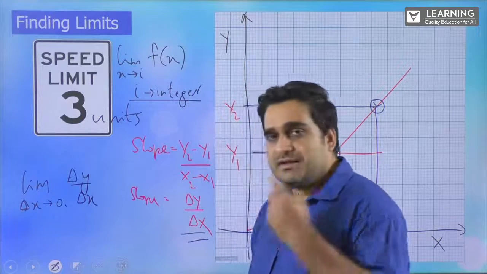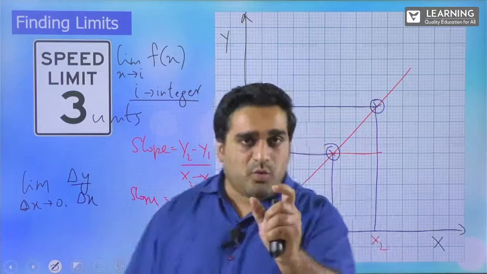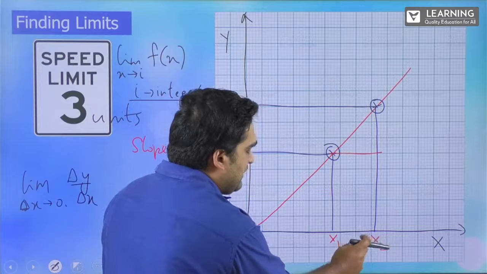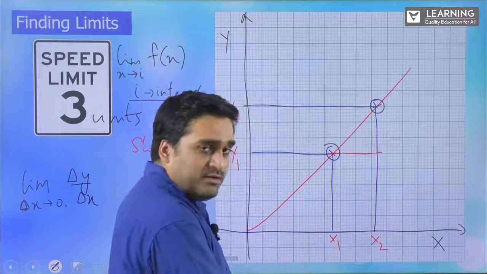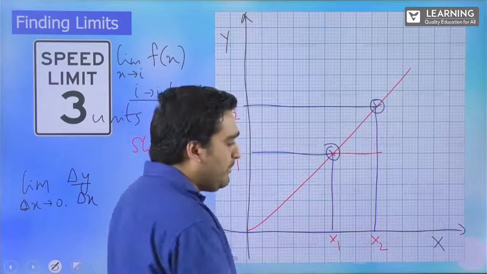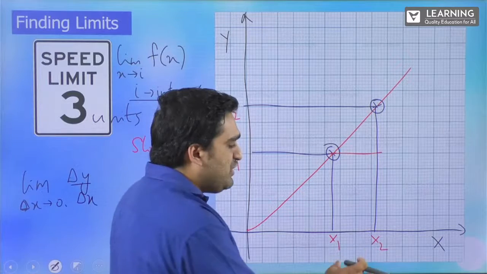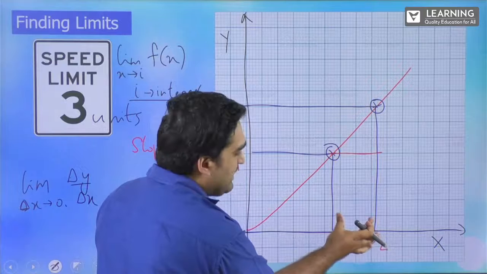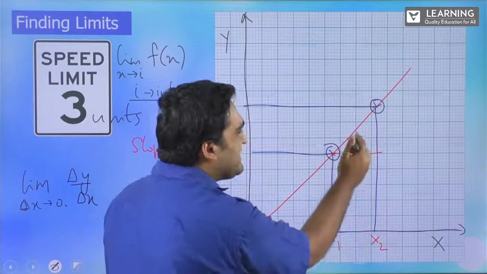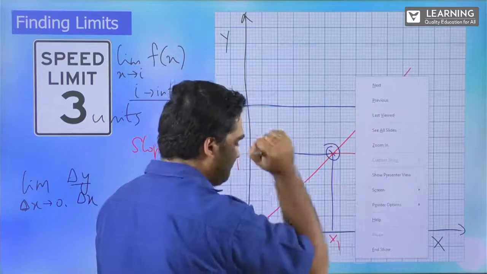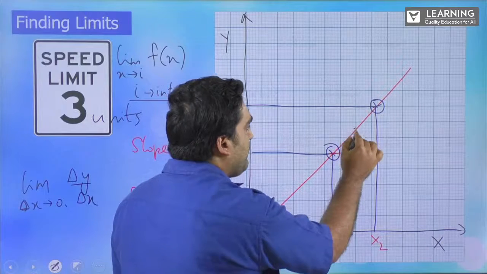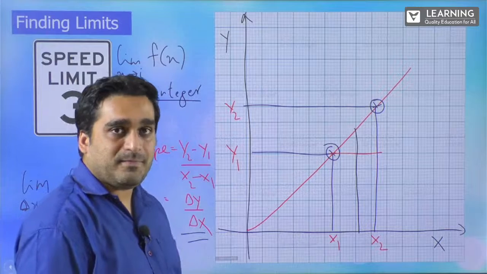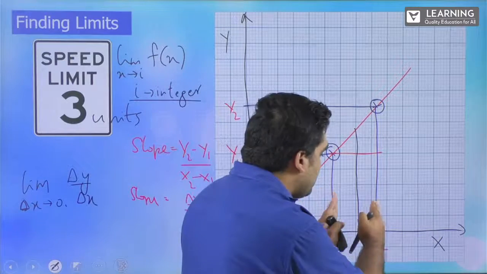Delta x is tending to 0. The limit I've applied here means delta x is the difference in the x variable, which is x2 minus x1, where it is tending to 0, meaning this particular difference is narrowed down to a single point on the straight line, where it is almost tending to 0.